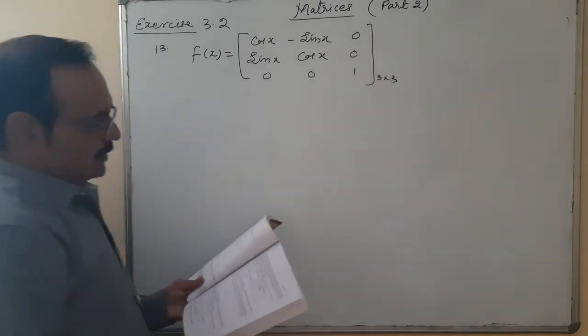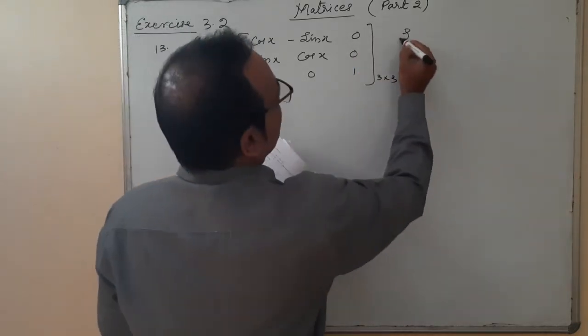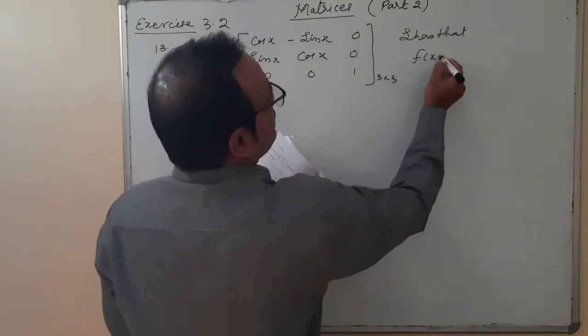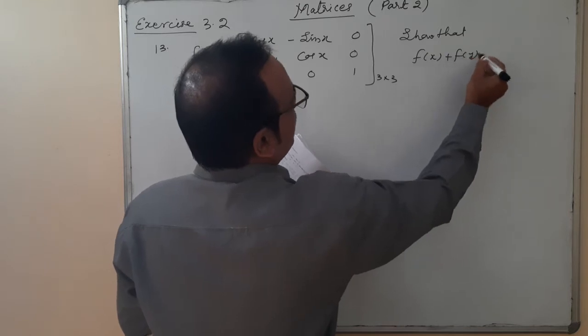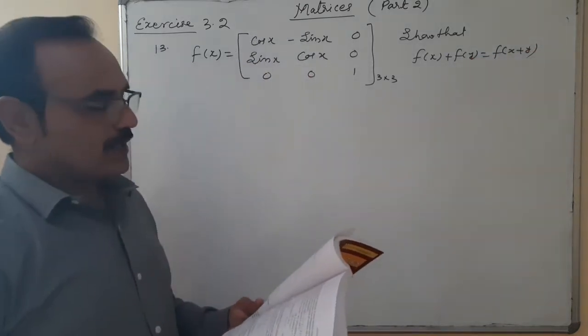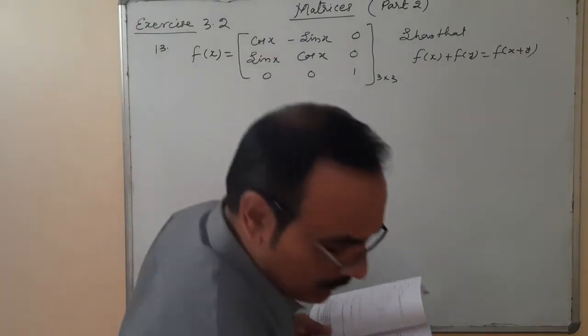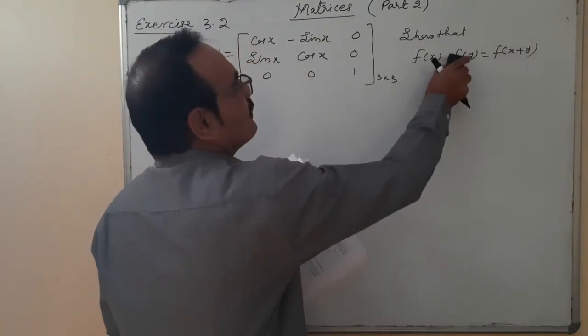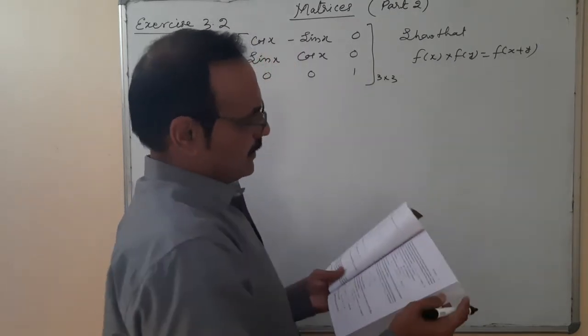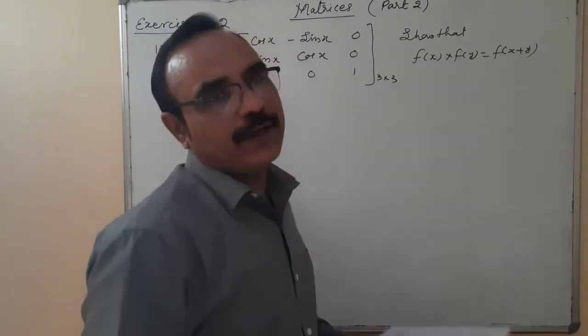Show that f of x multiplied by f of y is equal to f of x plus y.